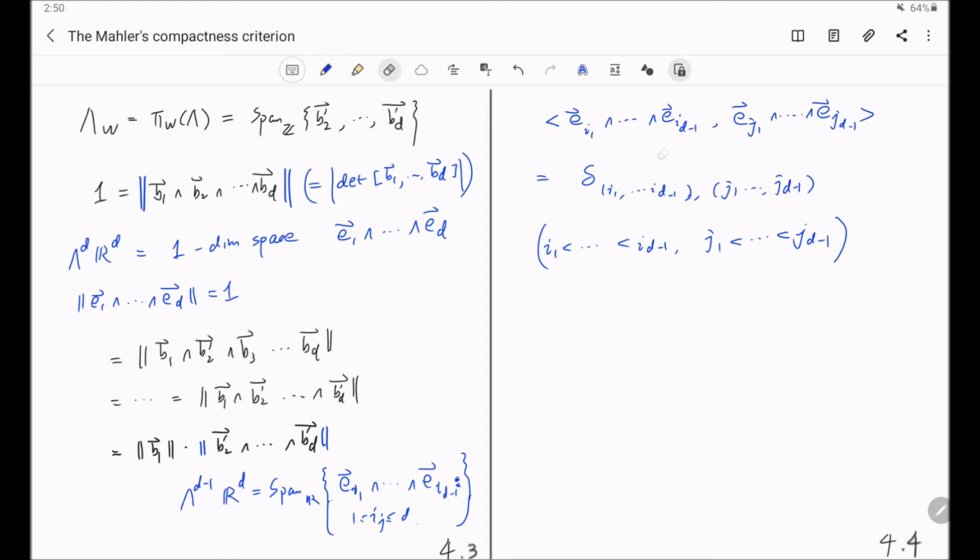And this inner product will be the Kronecker delta, which takes on the value 0 and 1. It is 1 if i1 through i_{d-1} and j1 through j_{d-1} agree, otherwise it will be 0. And you expand this linearly to this space.